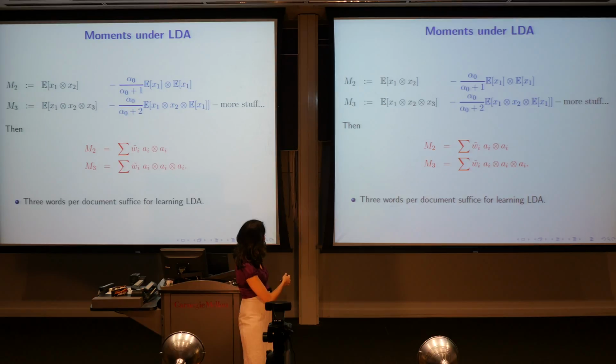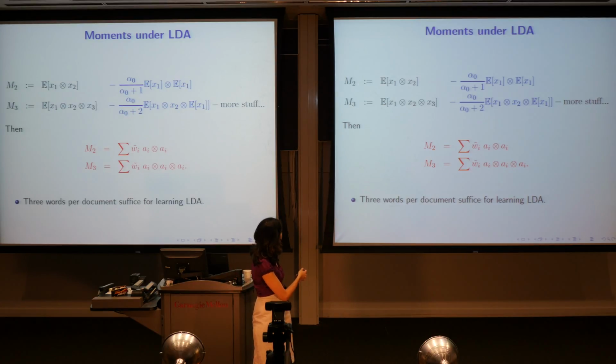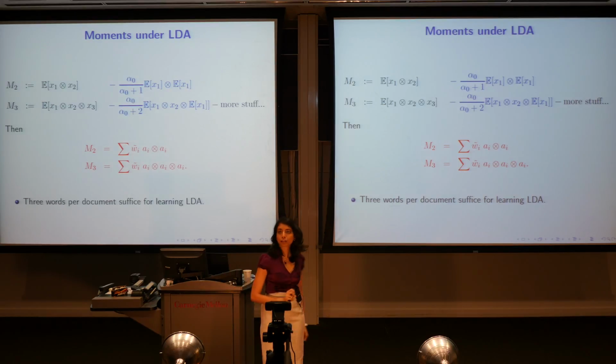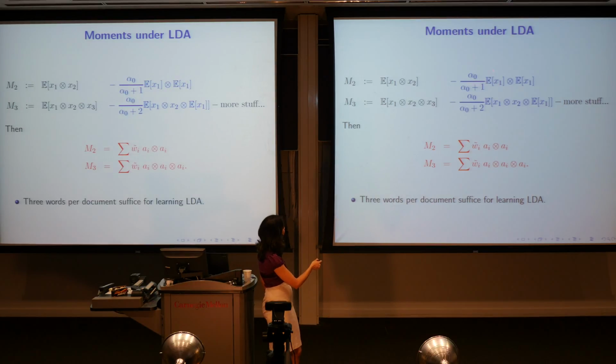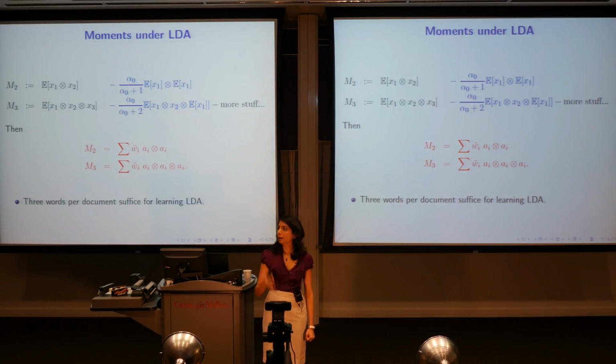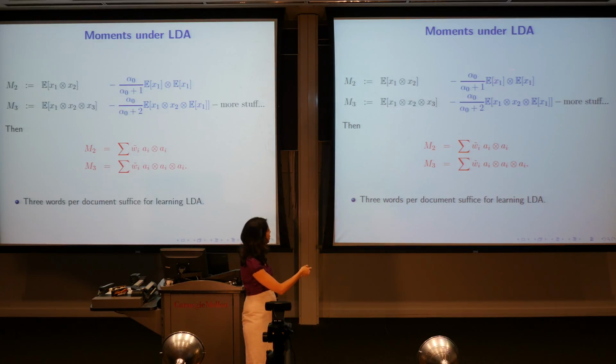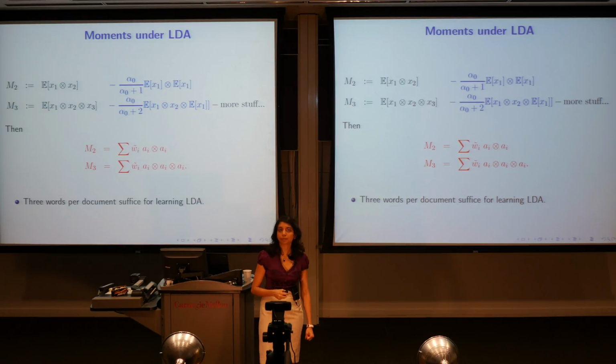So the idea is, earlier I had this M2 as the expectation of x1 cross x2, which is nothing but the co-occurrence matrix of pairs of words in the document. But now, depending on this concentration parameter, I'm going to subtract out this term corresponding to the mean of these observed variables.